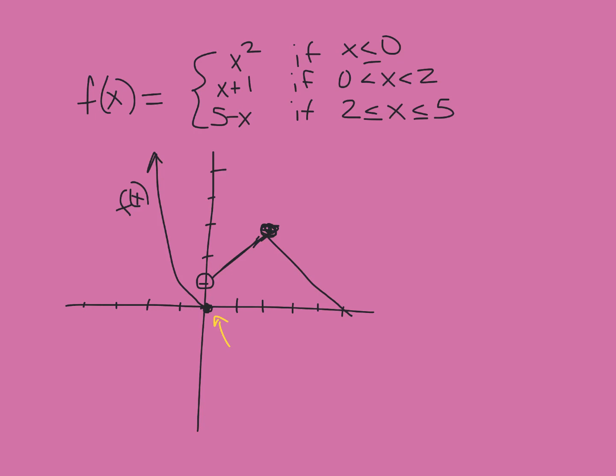You will find that f of 0 is equal to 0, which we notice there. You also will notice that the limit as x approaches 0 from the left is equal to 0, but the limit of f of x as x approaches 0 from the right is going to be equal to 1.